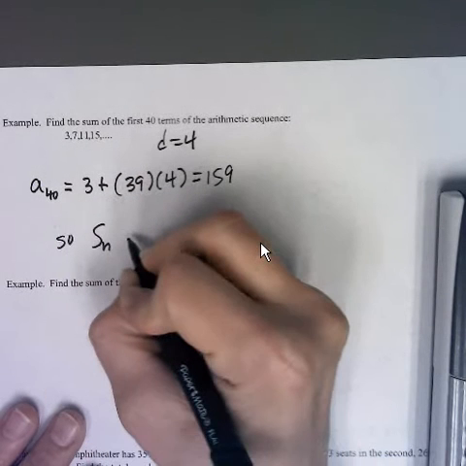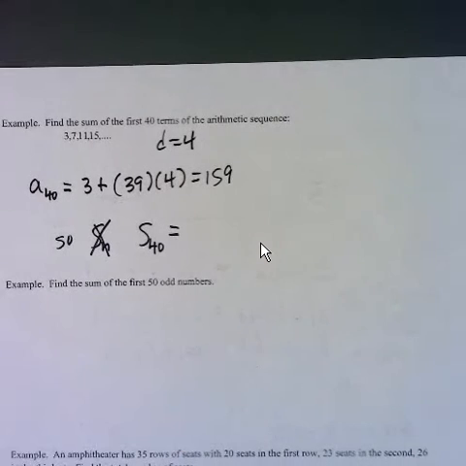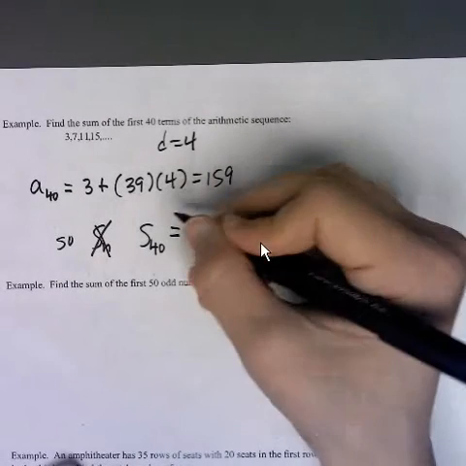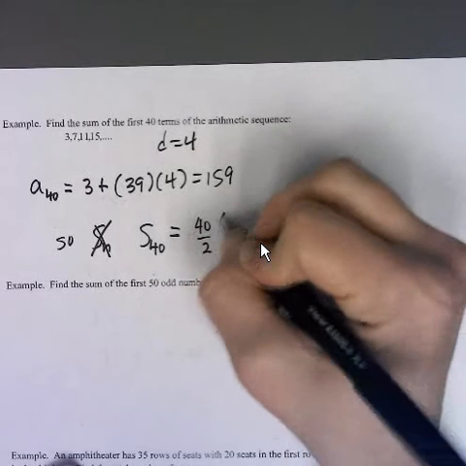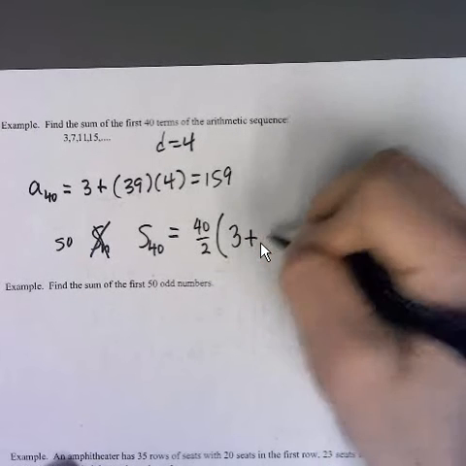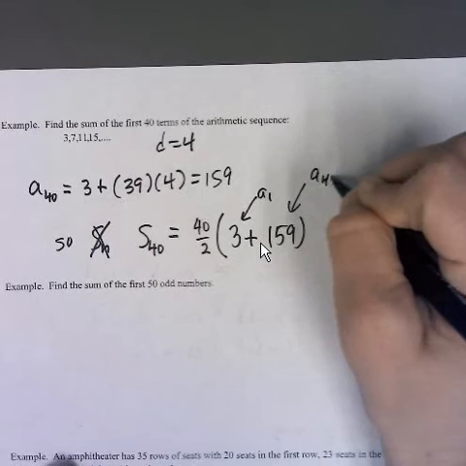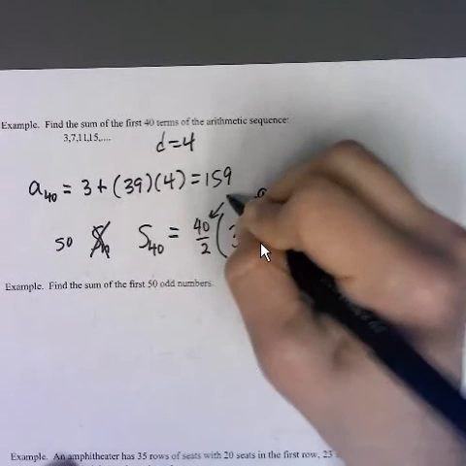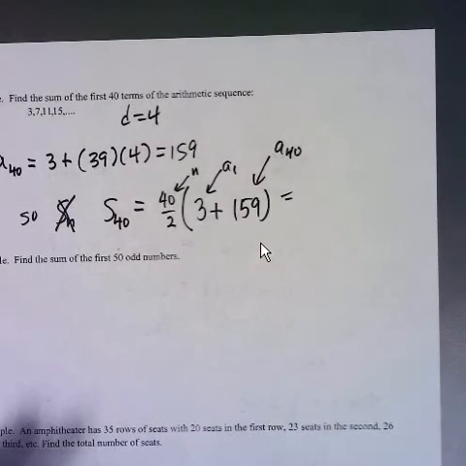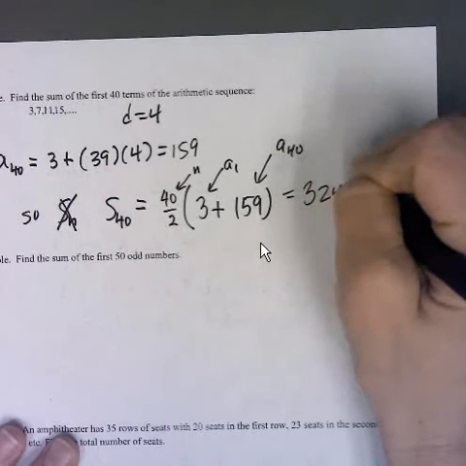So S sub 40, the 40th partial sum, adding the first 40 terms, would be 40 over 2 times a sub 1, which is 3, plus a sub 40, which is 159. So 159 plus 3, times 20, 3,240 is the answer for that one.